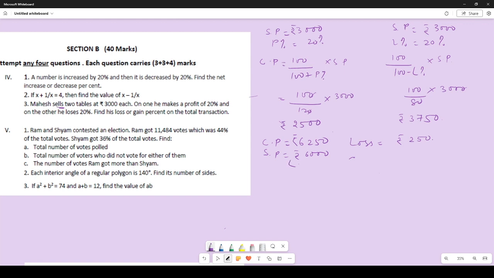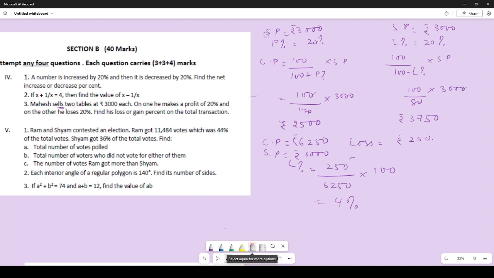Now you calculate the loss percent, which is 250 by 6250. Now remember, here is where many of the students committed error. The loss percent is always calculated on the cost price. So when you do this, you get the loss percent as 4%, right? So that was the sum over here.